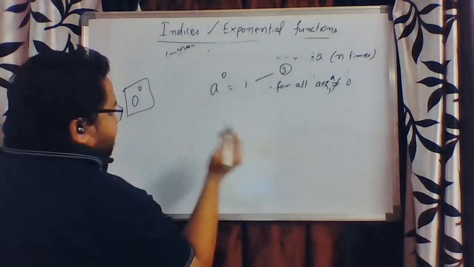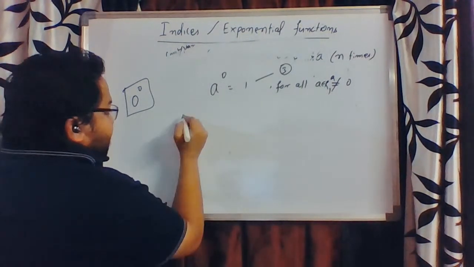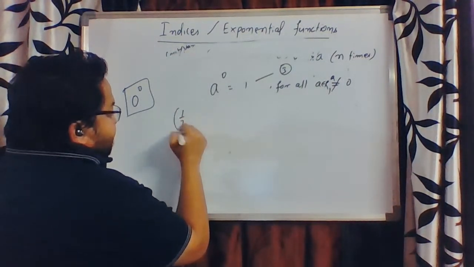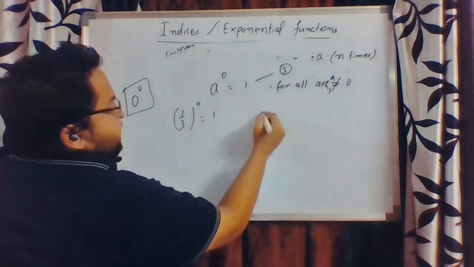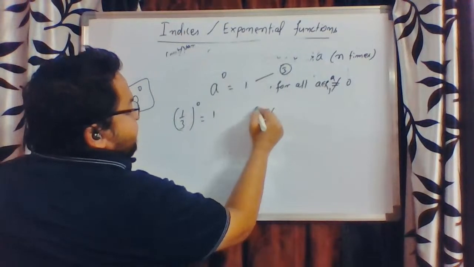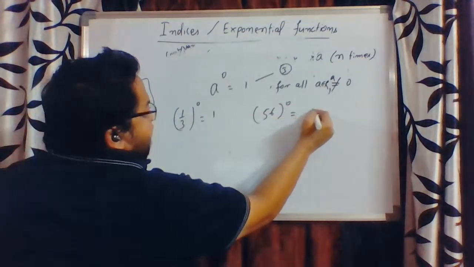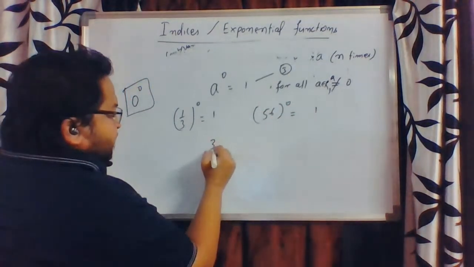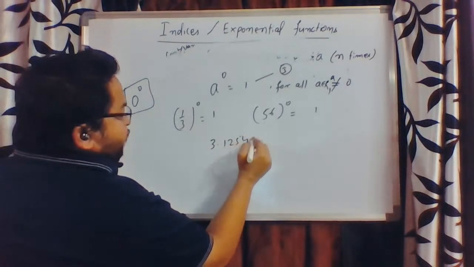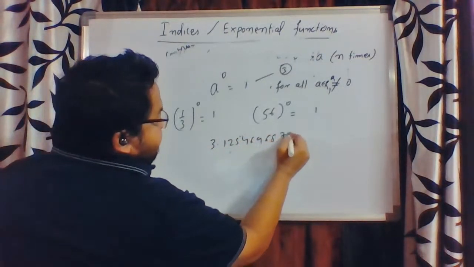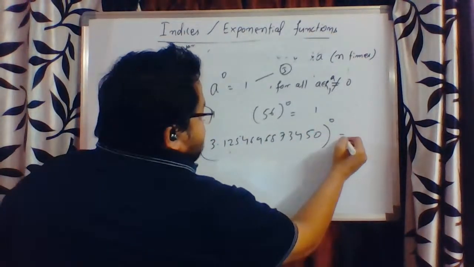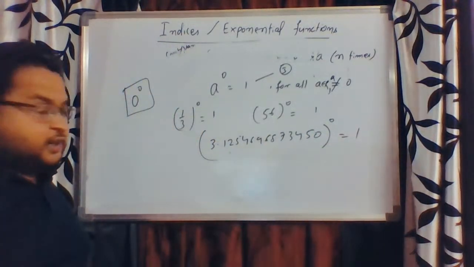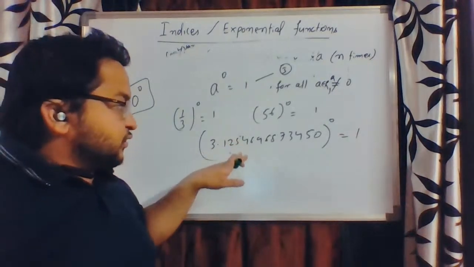Again, some very small questions. If I say (1 by 3) to the power 0, how much is it? 1, right? If I say 56 to the power 0, how much is it? The answer will be 1. If I say 3.1254696873450 to the power 0, how much is it? 1. So any real number that is non-zero.